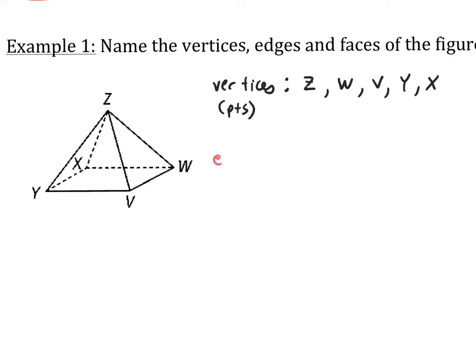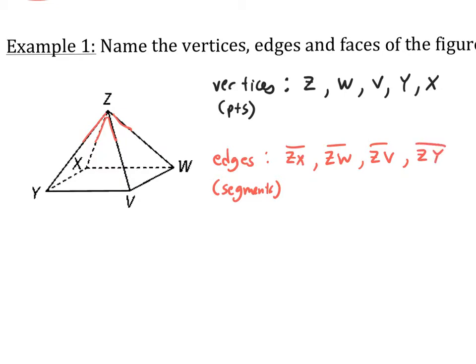Next, the edges. The edges are segments. Notice there are quite a few of them, and keeping track of them in some way, I'm just going to do all the ones that are starting at Z and going down to begin with. So segment ZX, segment ZW, ZV, and lastly from the top, ZY.